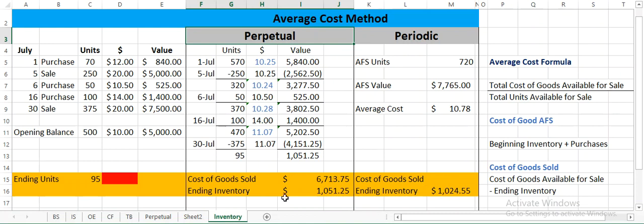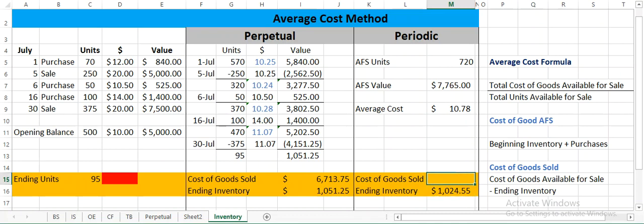Like we said, our ending inventory is the units times the average cost, which is similar to what we did to calculate the value here: units times the dollar value. In this case, we had to calculate our dollar value, which is the average cost. So that's how we got that. Now that we have our ending inventory, we can put it in this formula and get our cost of goods sold.